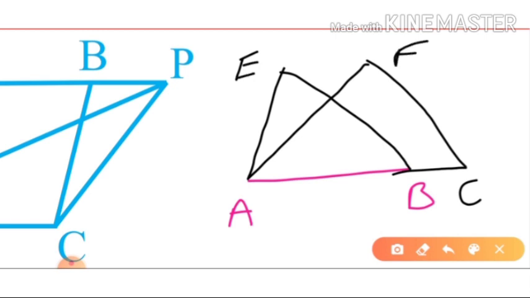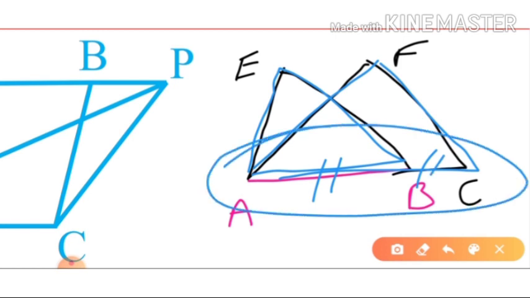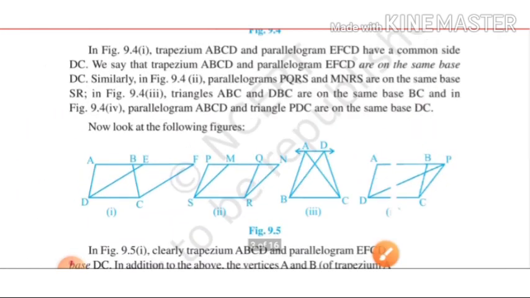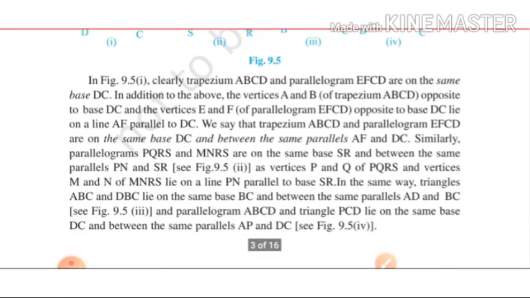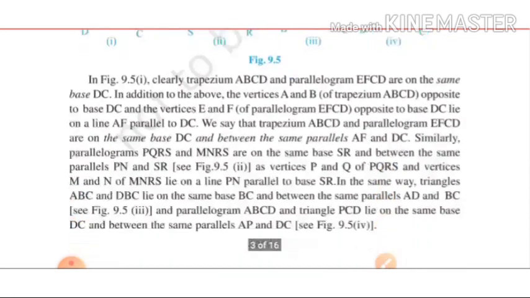Then AEB is standing on the base AB, but AFC is standing on the base AC. So we cannot say they are standing on the same base, AB or AC. I suppose you understood what it means to be on the same base and between the same parallels.